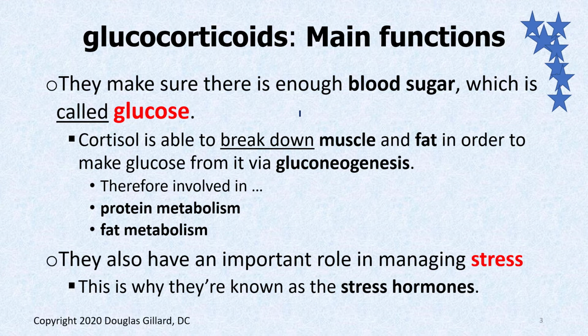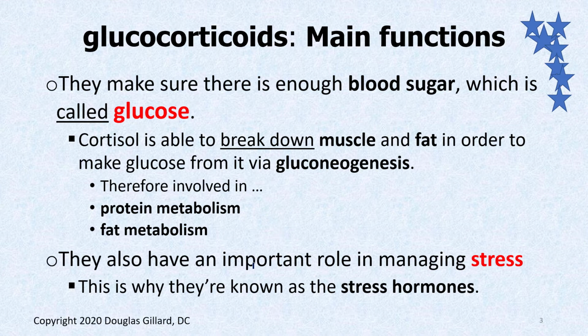Well, cortisol can supply gluconeogenesis, which is the making of glucose, which is sugar. And it does so by protein metabolism mechanisms and fat metabolism mechanisms, and we'll get into all that here.